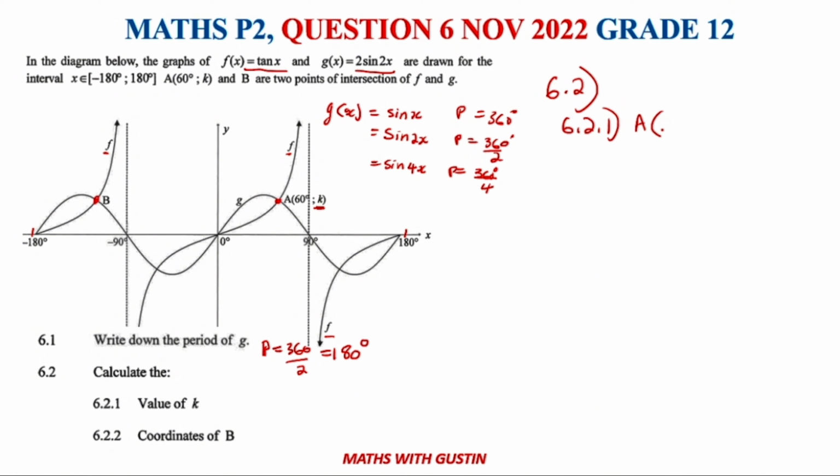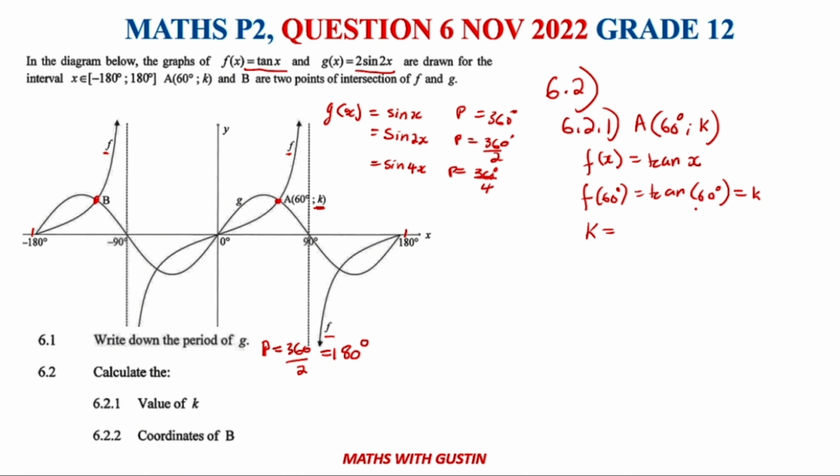A is given by (60, k), so on our graph f of x we have tan x. We want f of x when x is 60. What is y? Y happens to be equal to k.